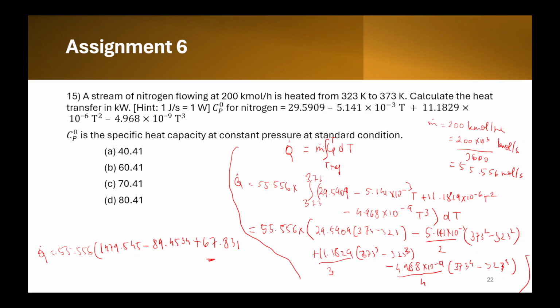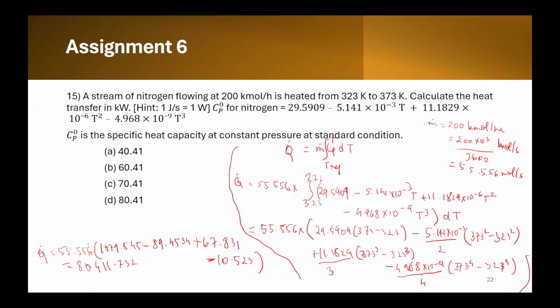So this comes out to be 10.523. So if we compute this, this comes out to be 80,411.732.